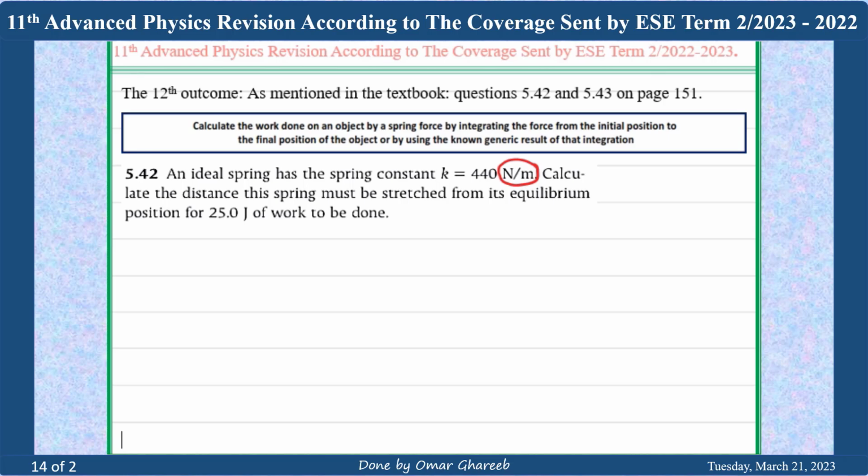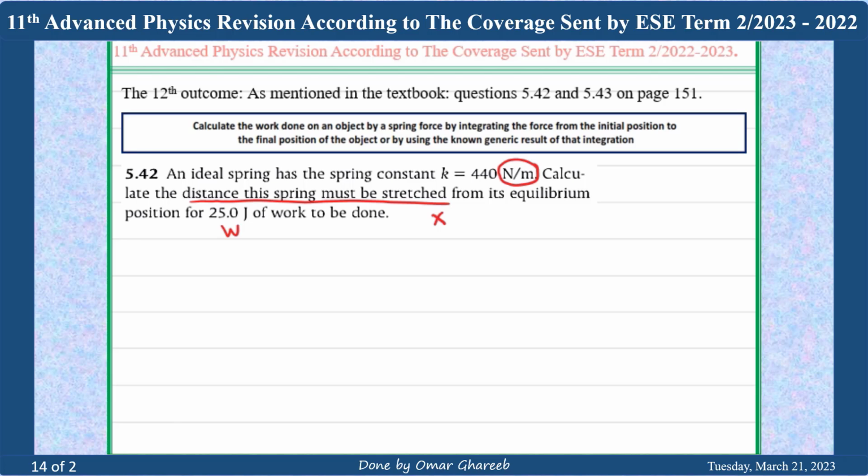The spring must be stretched, so we need to calculate x. Why x? It is not L, because it is from its equilibrium position, so it is x, the extension or expansion, for 25 joule of work to be done. The work done on the spring is 25 joules.